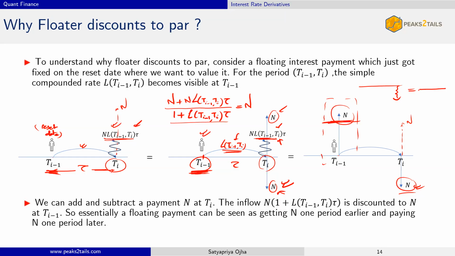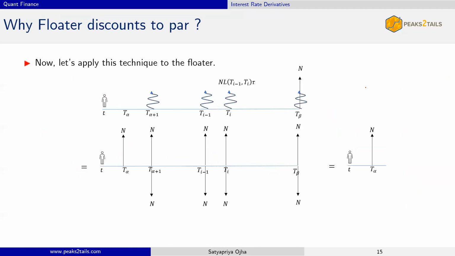This will be n here and n here. Just the opposite. Okay. So I hope you're comfortable with this. Any floating coupon payment can be shown as two notional inflows and outflows. All right. Now let's use this idea to see why the floating rate bond discounts to par.